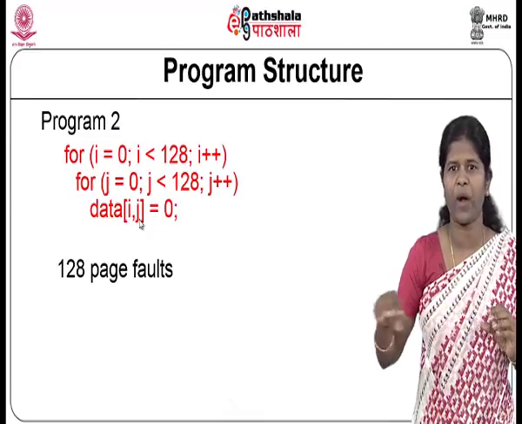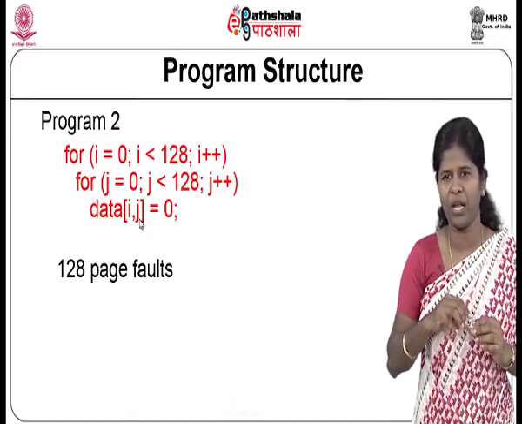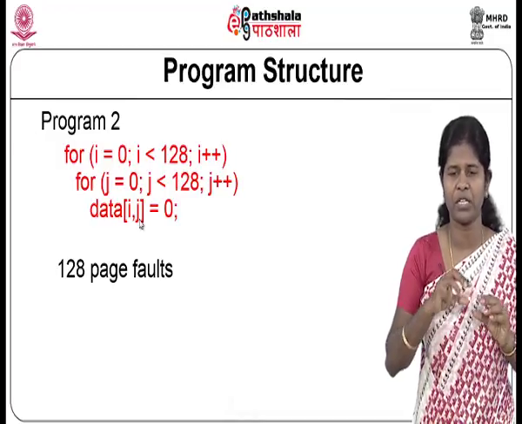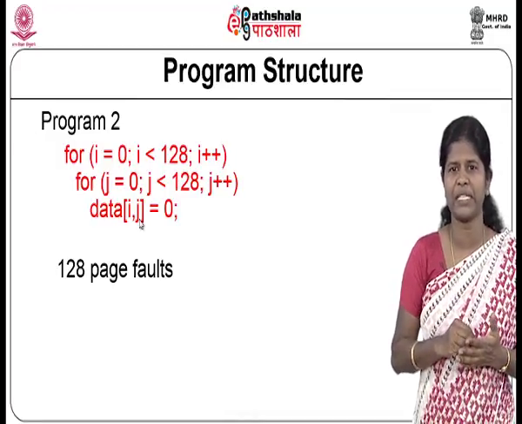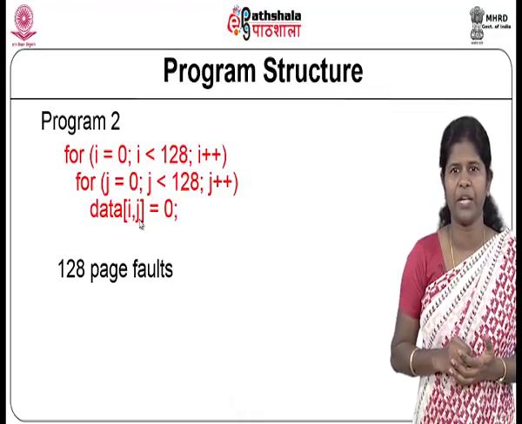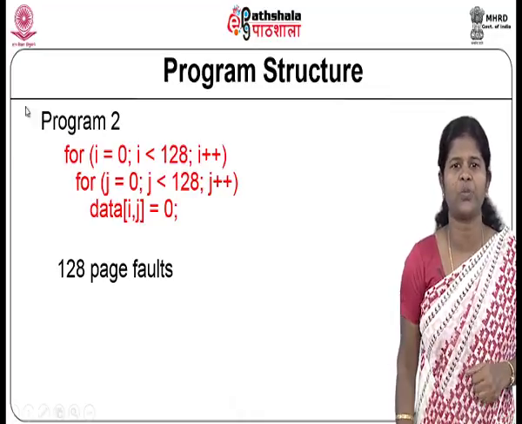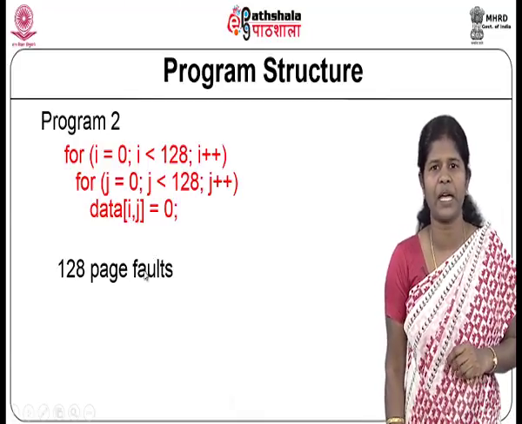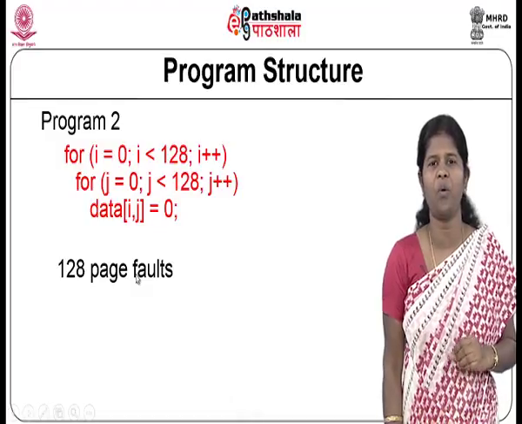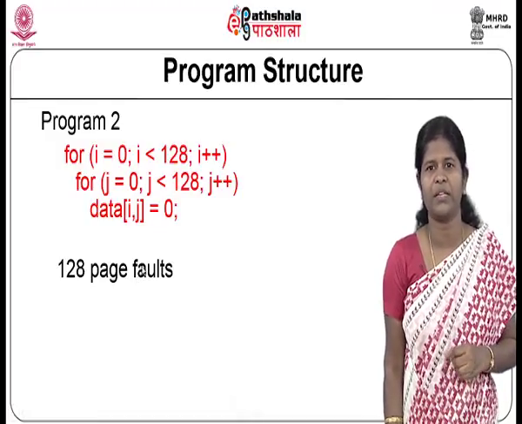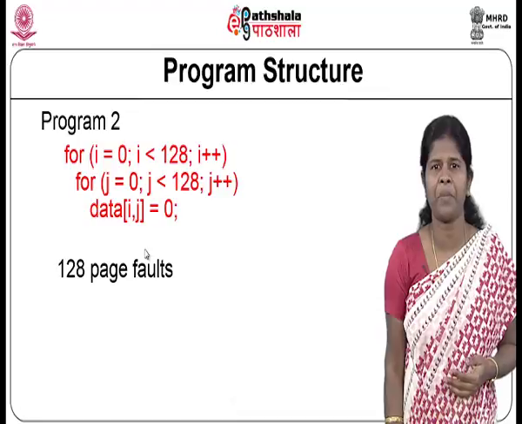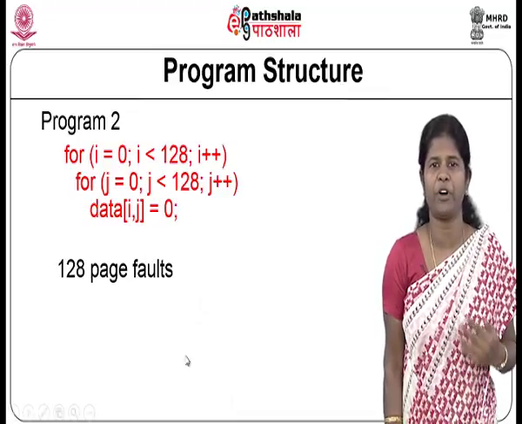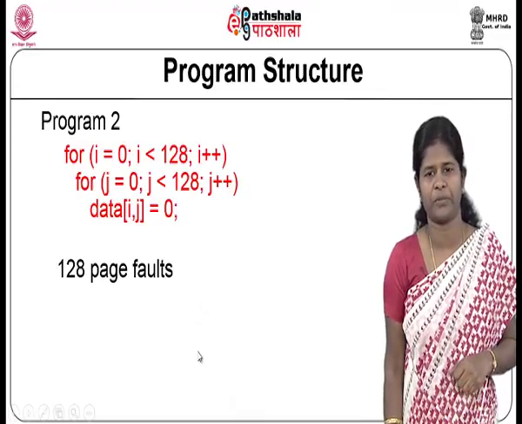All elements in one row will be accessed and only then all elements in the second row will be accessed, and so on. Because of that, all elements in the first page will be accessed and then all elements in the second page will be accessed, and so on. So you get only 128 page faults. So if the user has some idea about how demand paging works, then he can write a better program, reduce the page faults, and thereby improve the performance.